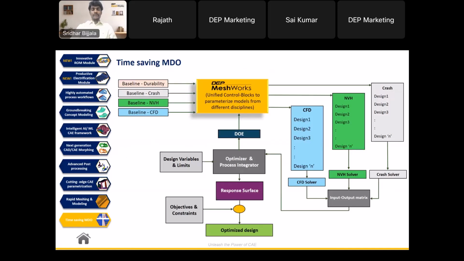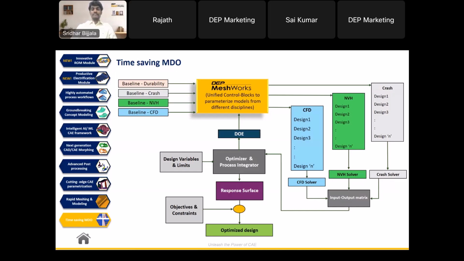And if you have to talk about the MDO part of it, the multidisciplinary optimization, the start point can be that you select any one domain model, let it be a crash LS-Dyna model, and you create all your parameters, right from shape parameters to adding some bulkheads, doublers, and creating some weld, gauge, and material parameters. So all the parameters can be applied on a crash model, and in a very automated fashion, all those parameters can be imposed on durability, NVH, and CFD models without having to spend an equal amount of time redoing all this parameter creation.